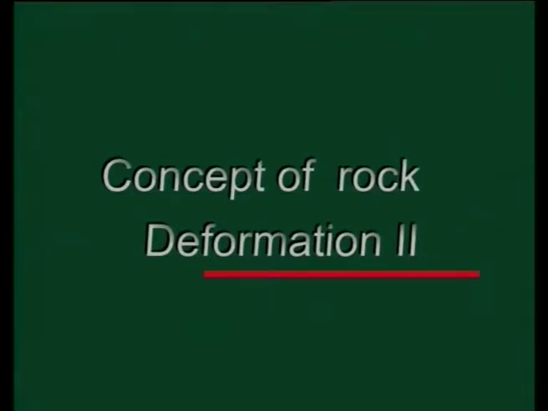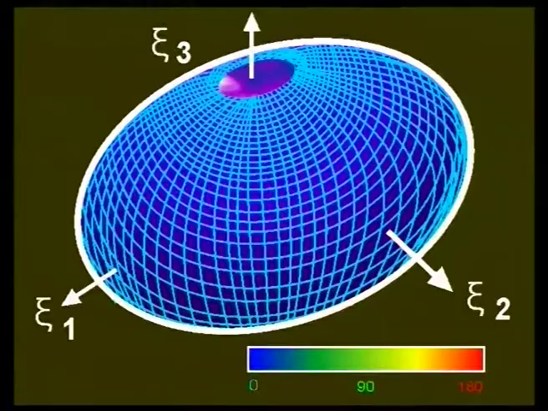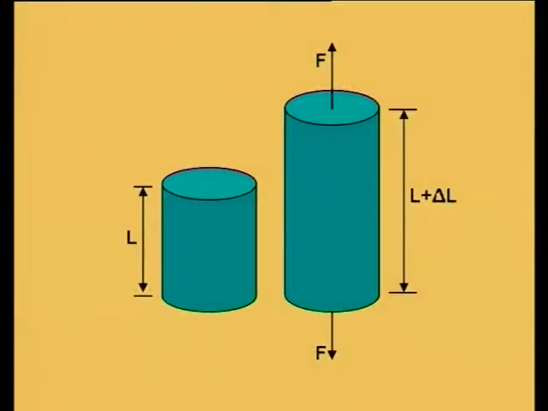In contrast to the stress ellipsoid, where the lengths of the principal axes are related to the magnitude of the principal stress acting along them, in strain ellipsoids the physical length gives or defines the shape.